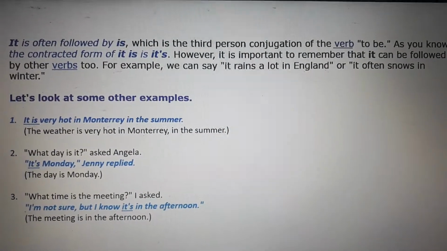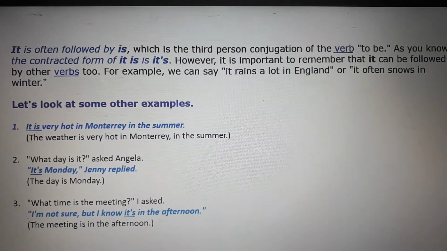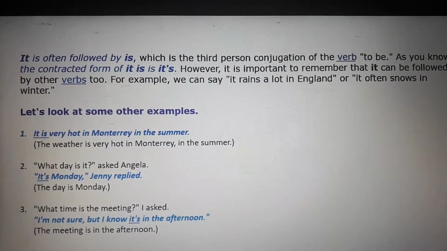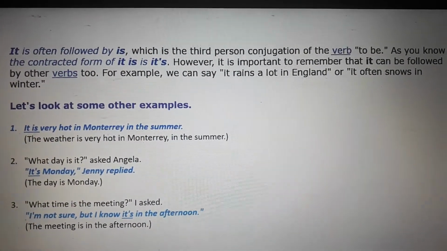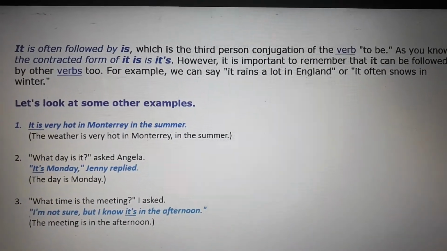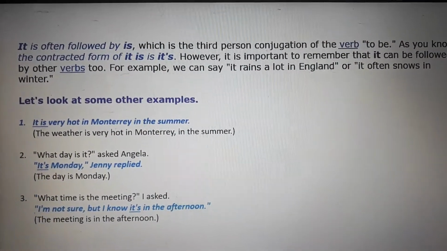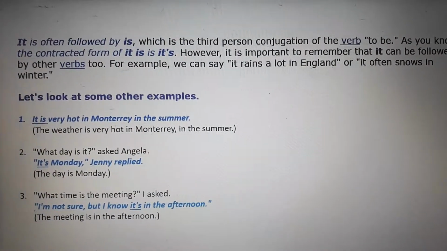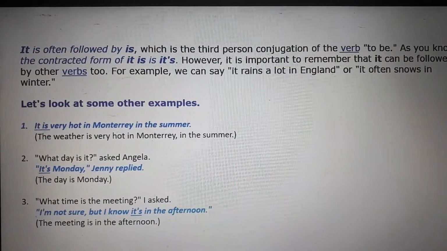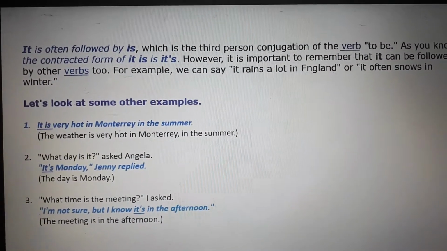However, it is important to remember that it can be followed by other verbs too. For example, we can say it rains a lot in England. You can use that expression because rains is already conjugated in the third person, simple present. Or it often snows in winter. Snows is also conjugated in simple present.